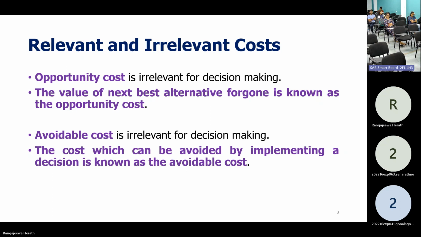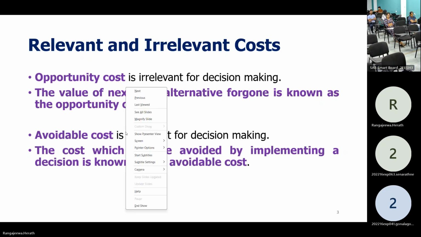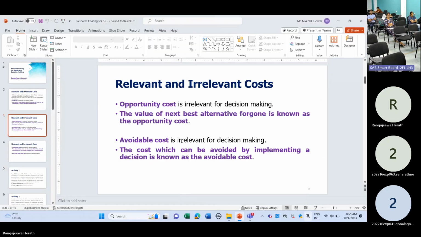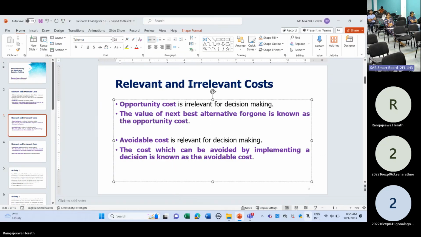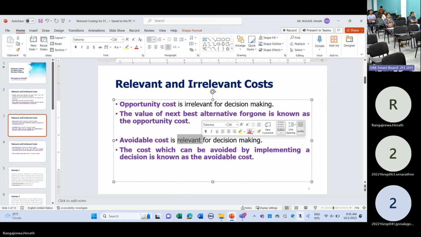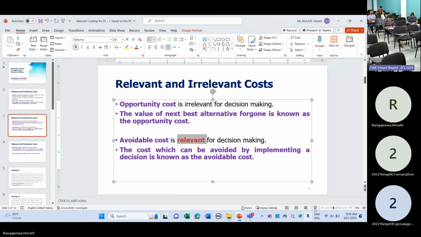So the avoidable cost is relevant for decision making, right? Unavoidable cost is irrelevant. Avoidable cost is relevant for decision making.